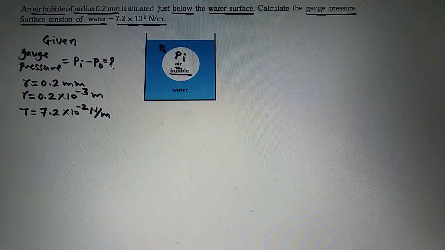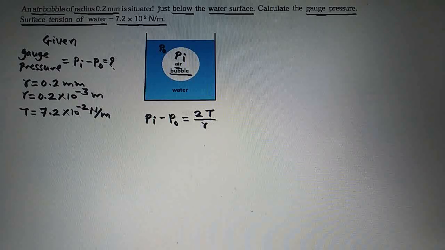Now we will find the gauge pressure. This gauge pressure is Pi minus P0, the excess pressure inside the air bubble, and it is given by 2T divided by R, that is 2 into surface tension divided by R.